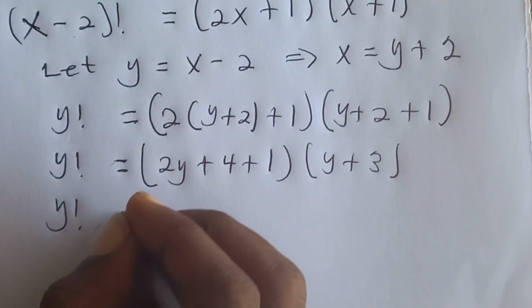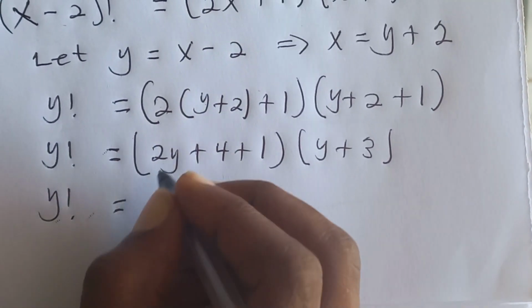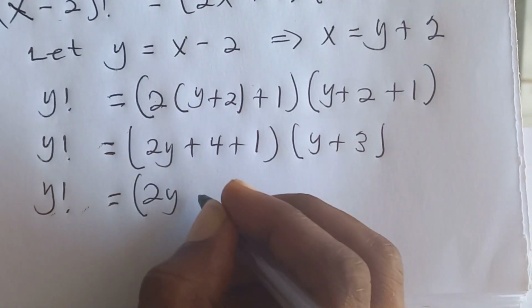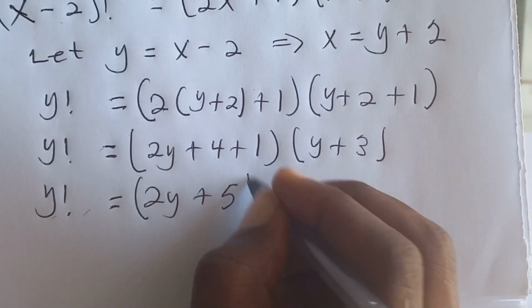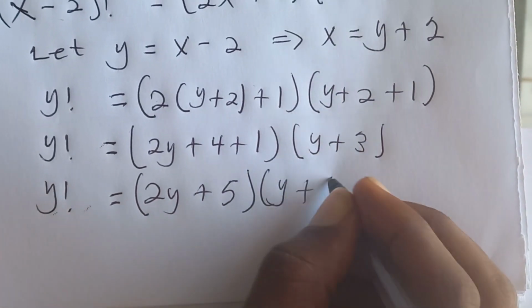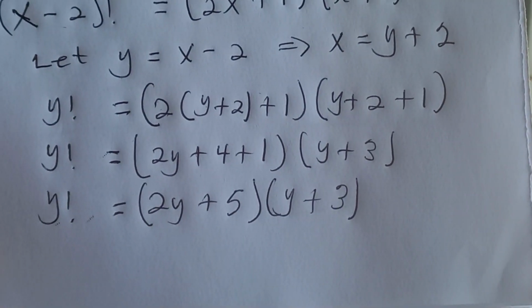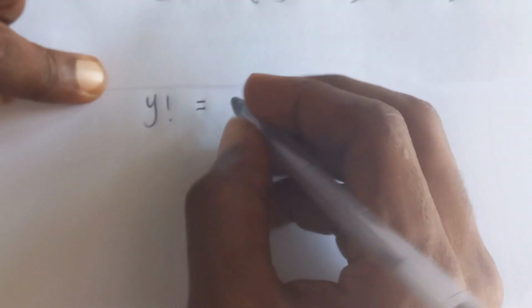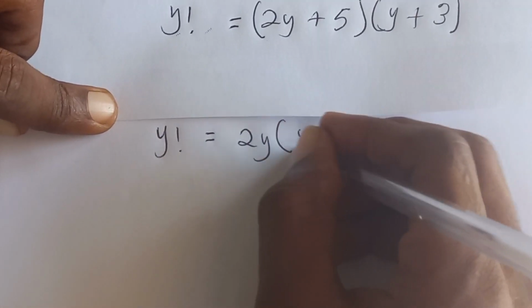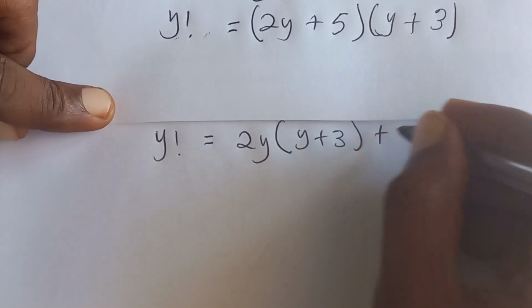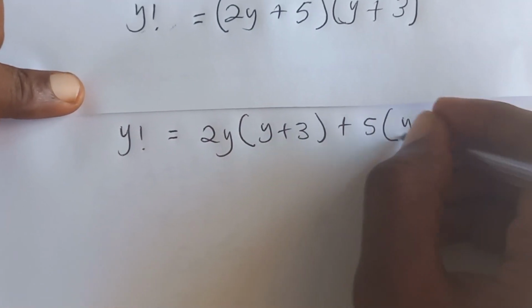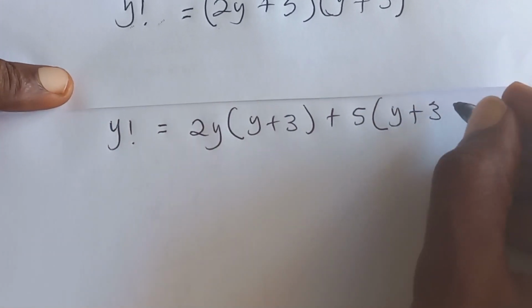So y factorial is equal to (2y + 5)(y + 3). Now you have 2y into (y + 3) plus 5 into (y + 3).